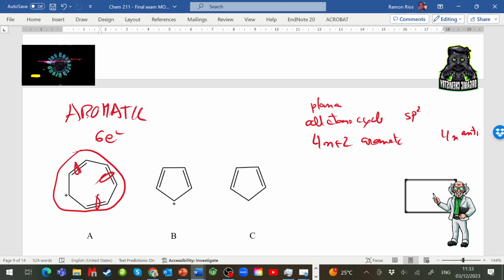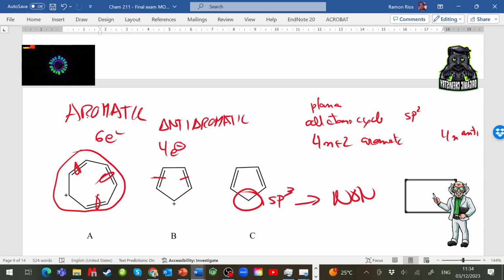Now compound B. All carbons are sp2, but in this case we have 4 electrons, antiaromatic. And the last one, what we have here is an sp3 carbon, non-aromatic.